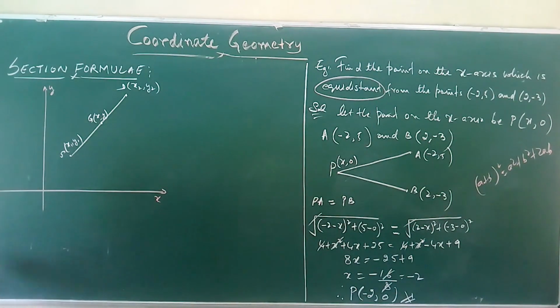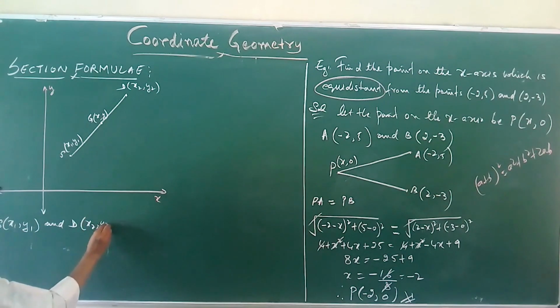Let the two given points be S and D. Say S is (x1, y1) and D is (x2, y2).